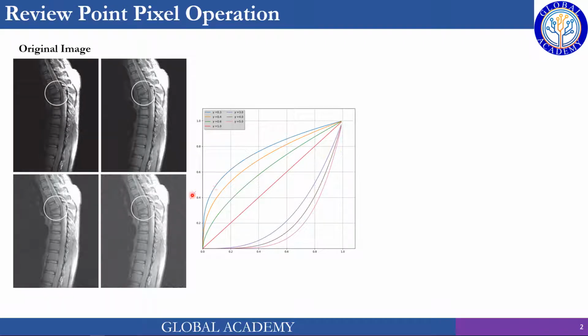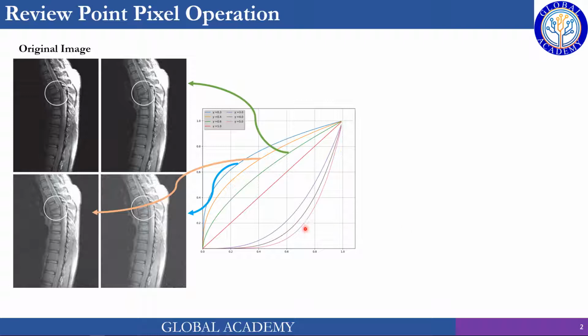Now, this is the output of gamma transformation. Sorry, this blue line is plotted using gamma equal to 0.3. And similarly, this output is generated using gamma value equal to 0.4, and this output is generated using gamma value equal to 0.3.